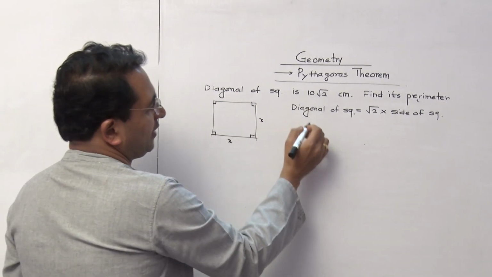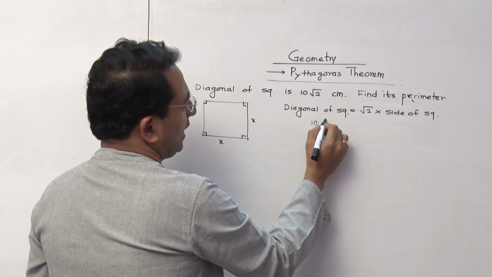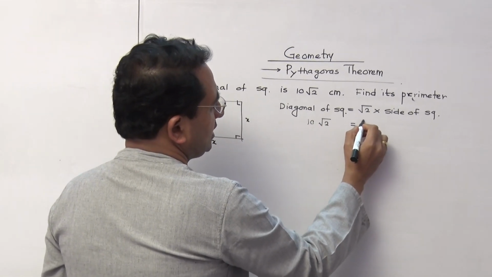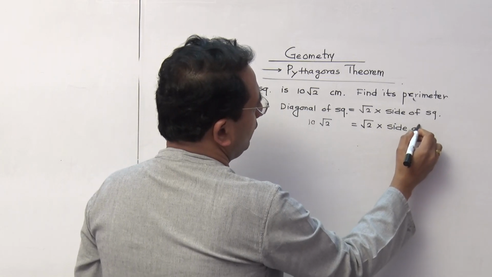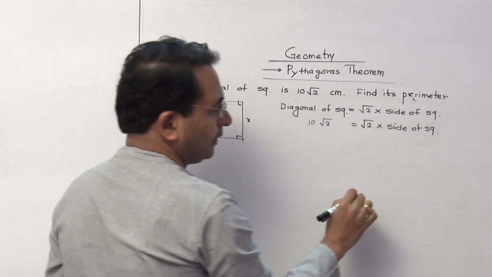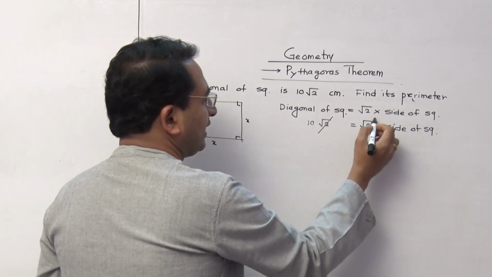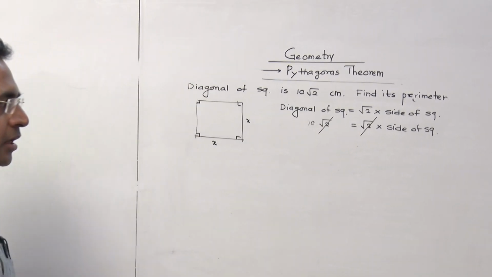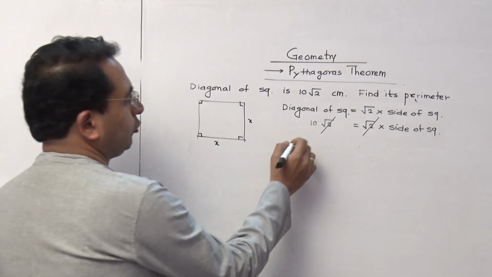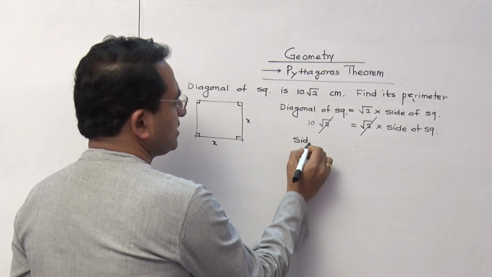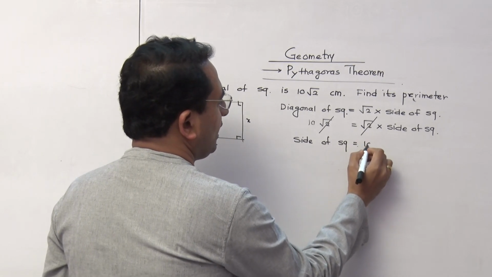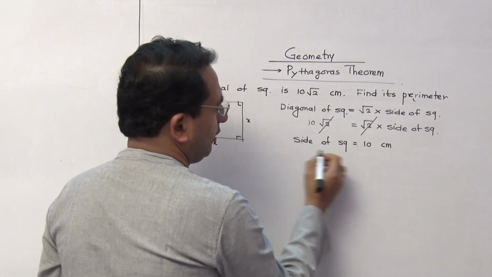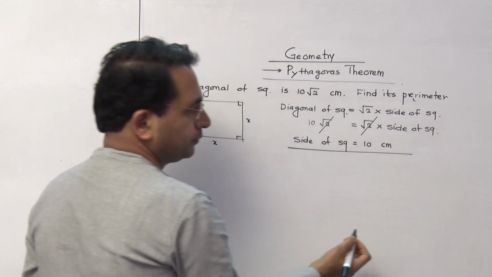Now if I write 10 root 2 here, and the right side is root 2 multiplied by side of square, then this root 2 will get cancelled. And you are going to get the end result: side of square is equal to 10. Whatever the unit, you have to write centimeter.